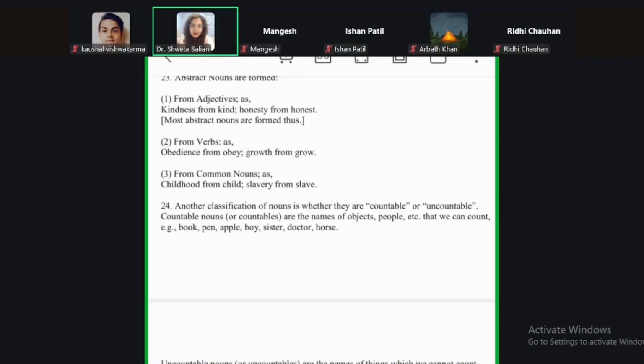Now, it's interesting to note that a, an, and the will not go before proper nouns. They will only go for common nouns.